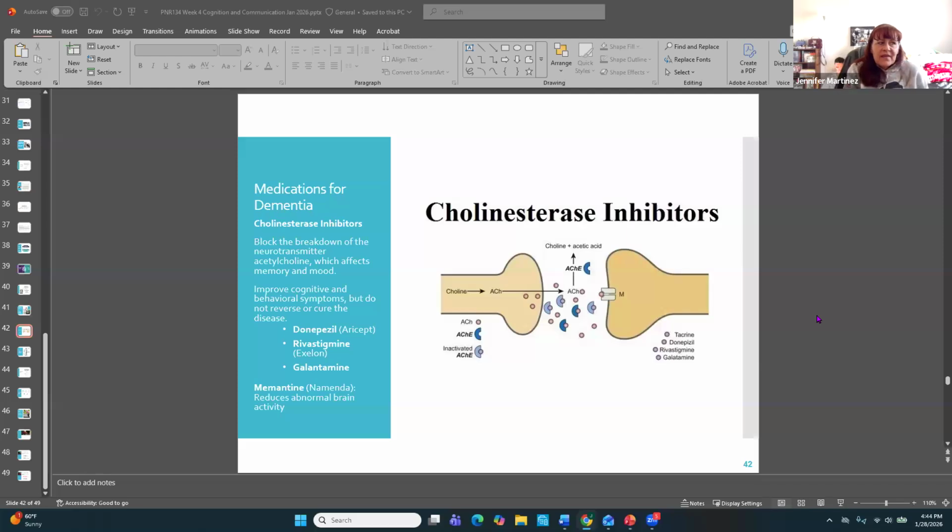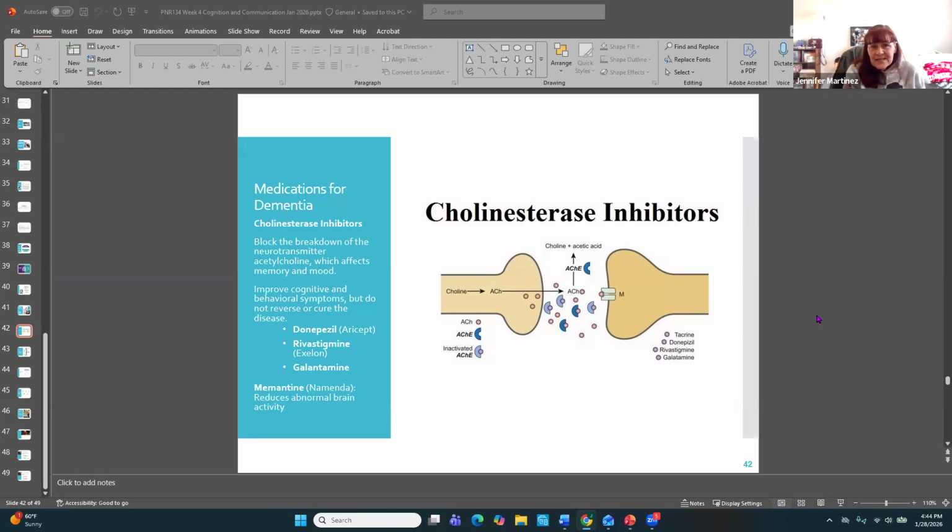We also have things like Aricept, Exelon, and galantamine. I don't remember the trade name for that one, but they can improve cognitive and behavioral symptoms. They don't reverse or cure the disease.